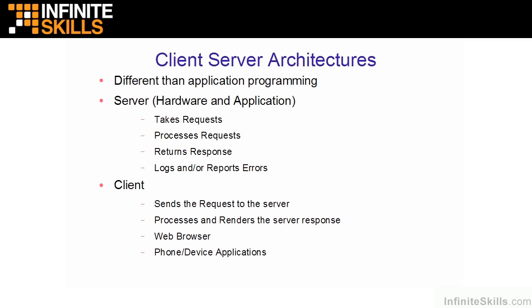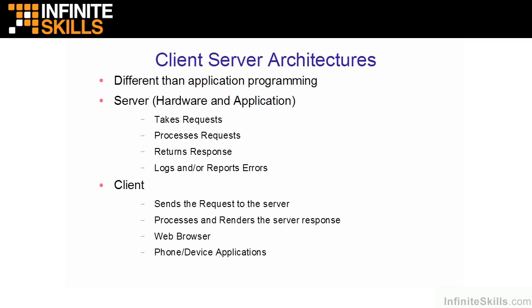And so your server will be hosting the application, and there will be some communication going on behind the scenes between the two. The other thing to think about with client-server architecture that's different than application programming is that with an application, you often are the only user doing something, versus with a client-server, you might have many clients actually working against your server at the same time. So you have to think about different aspects of how you would handle concurrency issues and things that might happen when you have multiple people trying to do things at once.